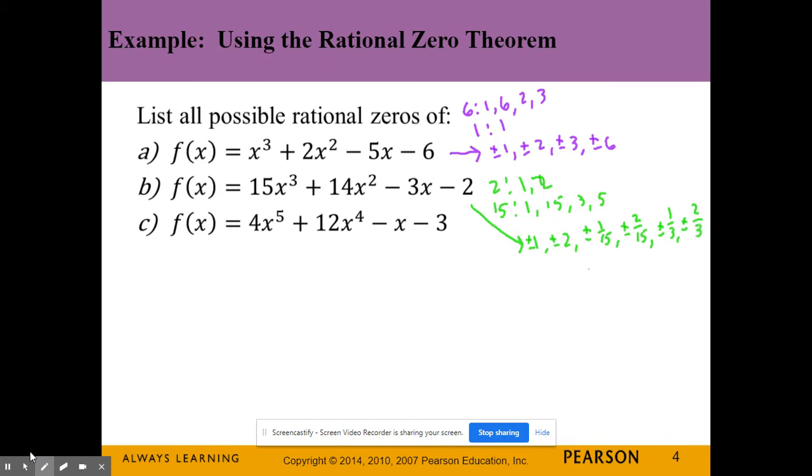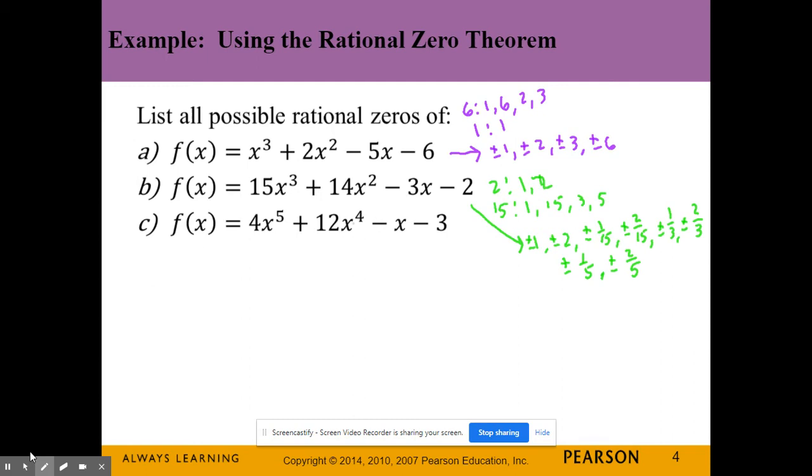And then 1 divided by 5 is 1/5. And 2 divided by 5 is 2/5. So again, it's all the factors of 2 divided by all the factors of 15 in combination. So again, if this were to have a possible rational root, it would be one of those.